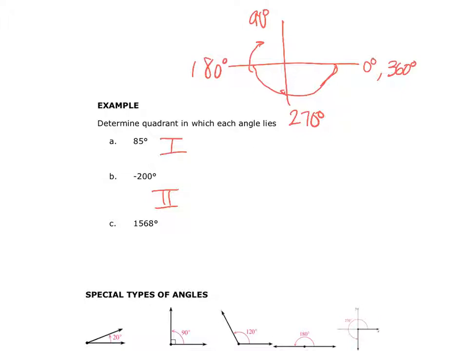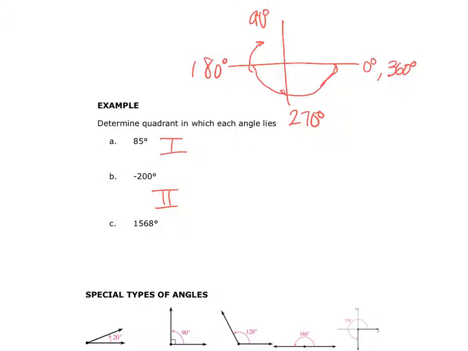What about the 1568? I got 2 different answers here. So let's talk about how we find the quadrant. You pull off multiples of 360, right?